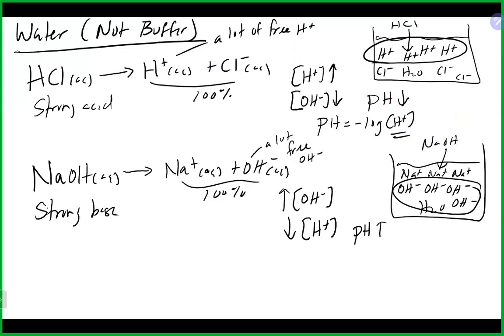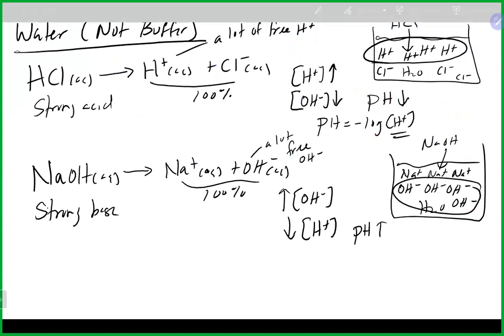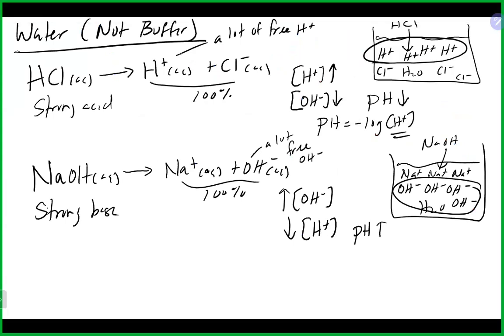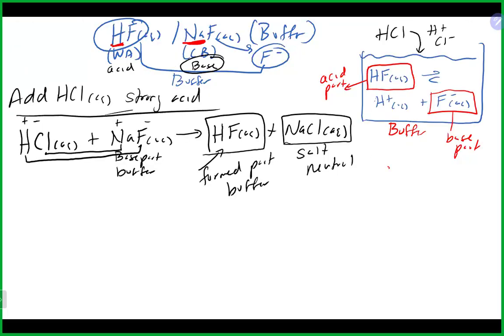And if we come back here, when we added the HCl to water, what we saw was a lot of free H plus was formed. Over here, there is no free H plus formed. That H plus got tied up when it went in for a swim with the fluoride and basically made HF.